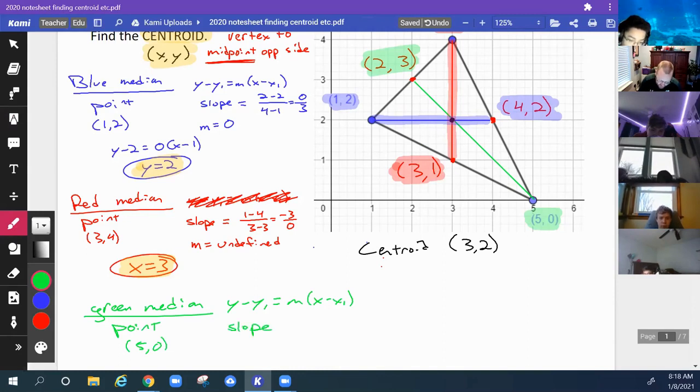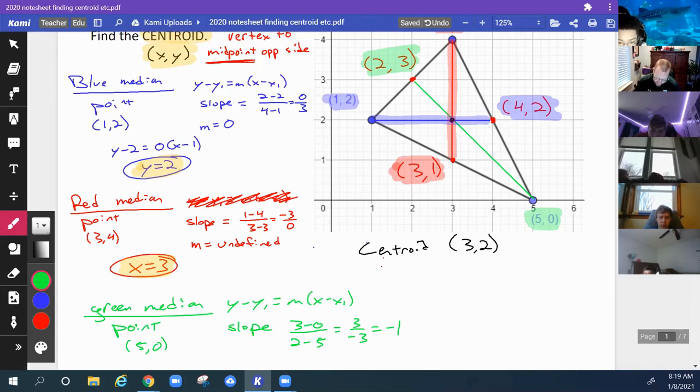And then I need the slope, and that's going to be the calculation of 3 minus 0 over 2 minus 5, 3 over a negative 3, which is negative 1. Okay. So now I have all the things that I need to find the green median.